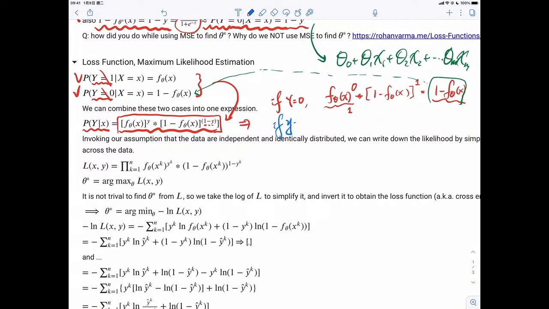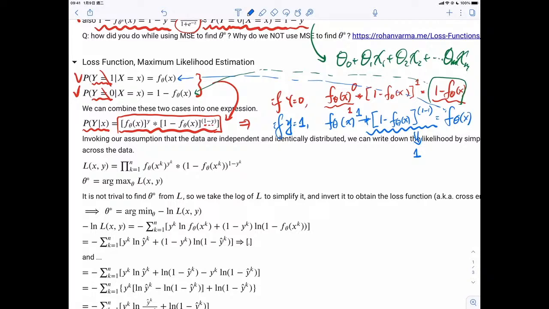if y is 1. So currently f theta x to the power 1, right? And 1 minus f theta x to the power 1 minus 1, so this item becomes 1, right? So that is f theta x. So that is exactly the same as this one.